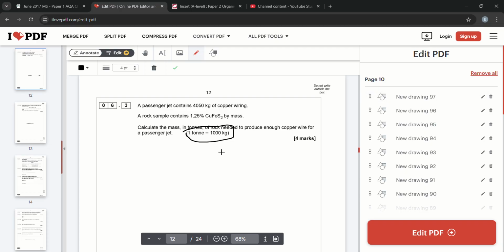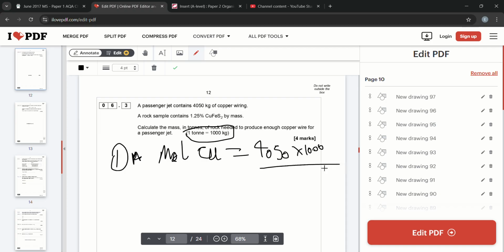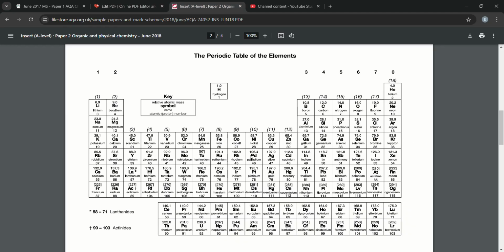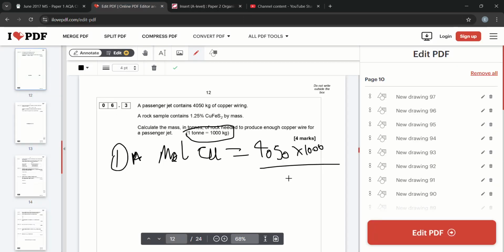Okay, so first thing we can do is calculate the moles. Now the moles of what exactly? Well, the moles of copper, Cu. Moles is mass in grams over Mr, so 4,050 kilograms times 1,000 to get into grams, divided by the Mr of copper, which is 63.5.